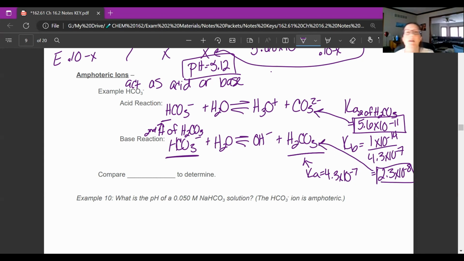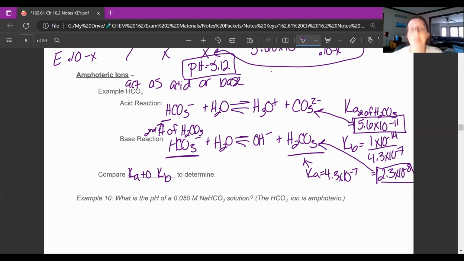Okay, so why did I do all this? Well, I found the K value for the acid equation. I found the K value for the base equation. And in order to determine whether it acts like an acid or like a base, we compare that Ka to the Kb to decide. Okay, now what does that tell me? Which one happens?